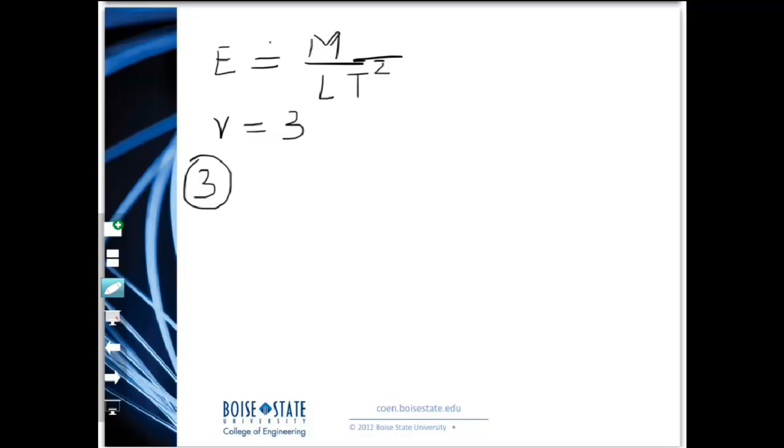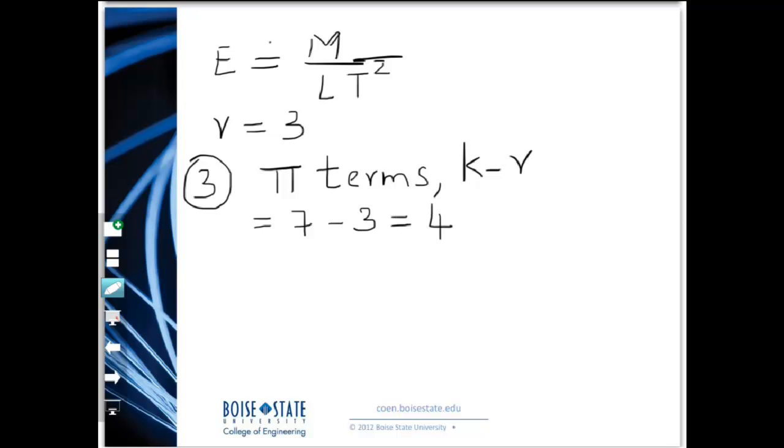So basically, by the Buckingham pi theorem, the required number of pi terms would be basically k minus r, which is 7 minus 3, which is equal to 4. So you expect 4 pi terms in the problem.